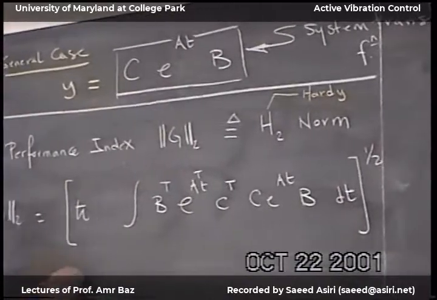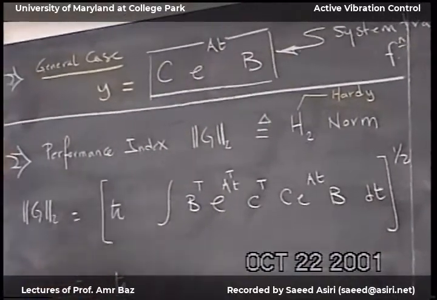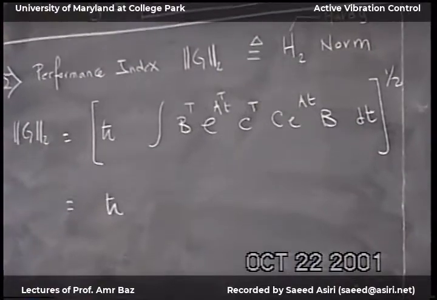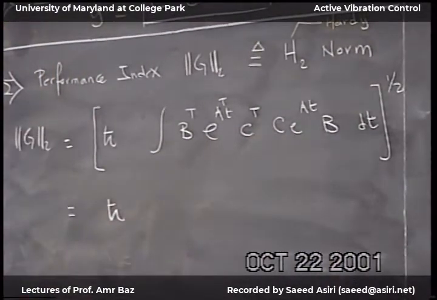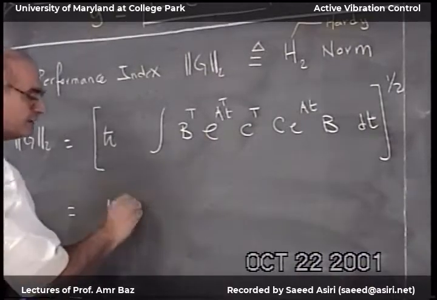And this I'll rewrite like this, integral. And then if these are constant matrices, then I can take them outside.